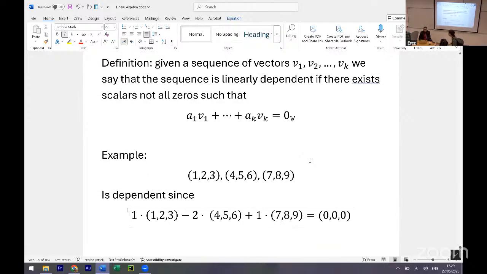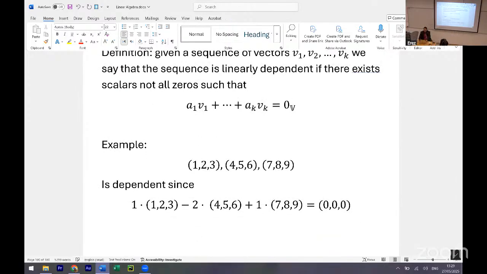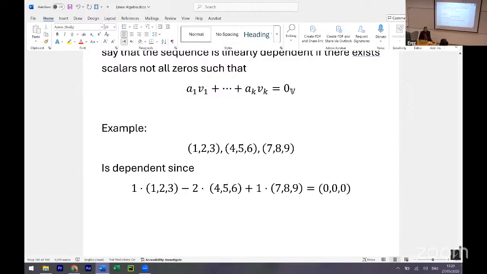So we have linear dependence here. The emphasis is not on the linear, but rather on the dependence. There's something dependent here.